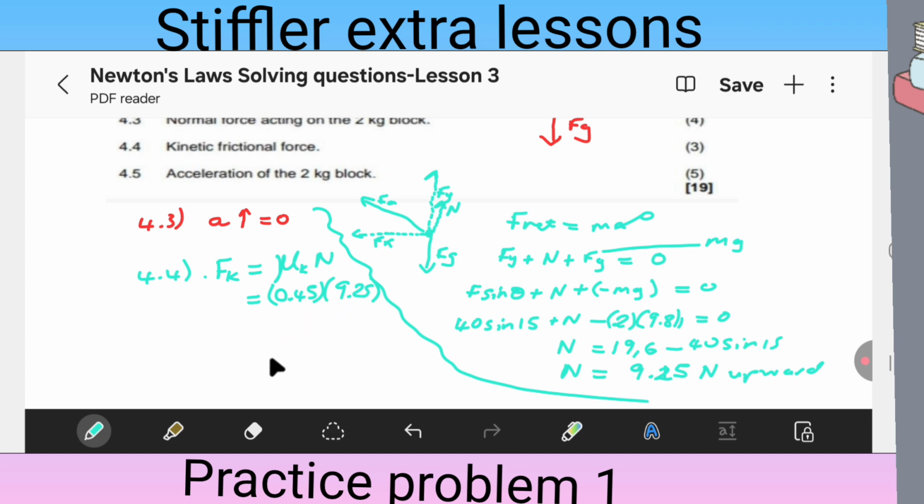So multiplying this together, we get that our kinetic friction becomes 4.16 newtons, like that. So the last question is calculating the acceleration.